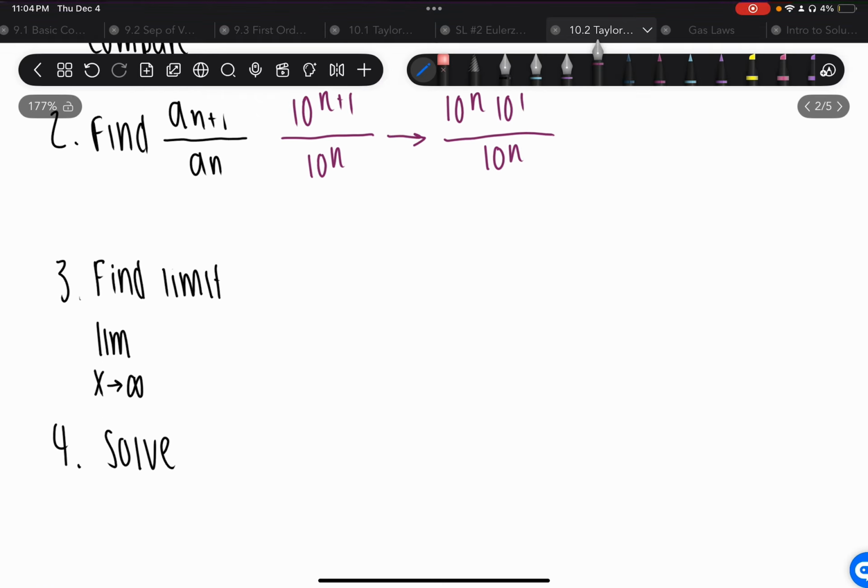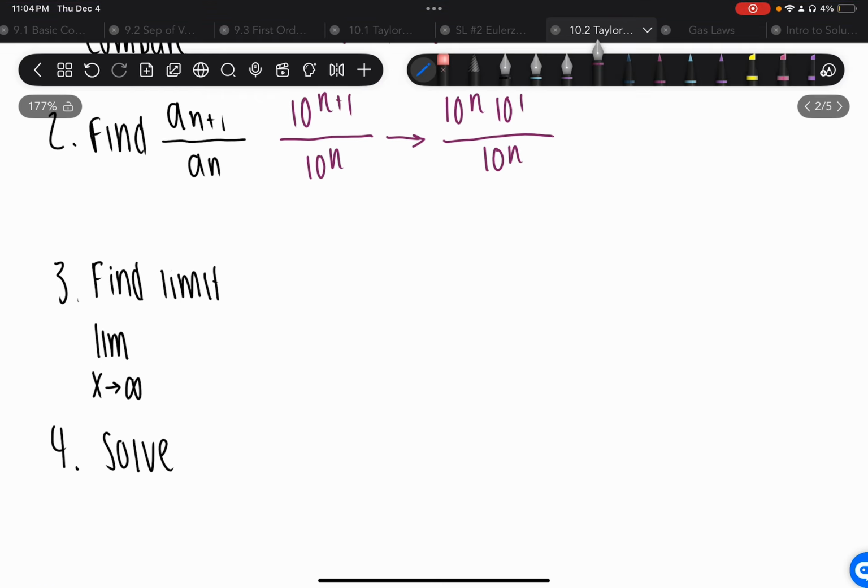Okay, so now we're going to find the limit. So the limit as n approaches infinity of 10 to the power of n times 10 to the power of 1 over 10 to the power of n. That's why it is so important to separate your multiplied numbers and factors.